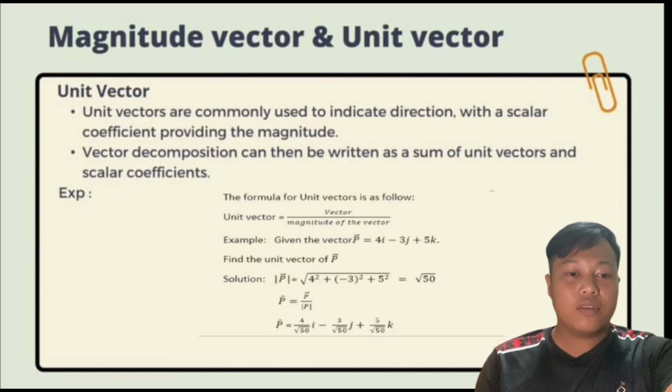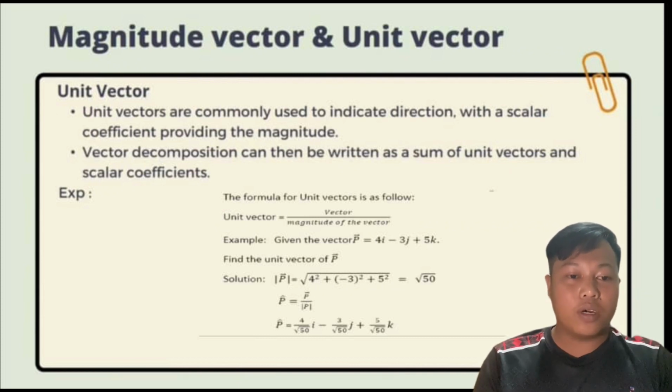So in the solution, the magnitude of vector P equals square root of 4 power 2 plus negative 3 power 2 plus 5 power 2, which equals square root 50.